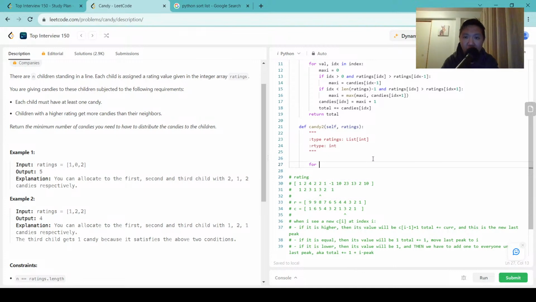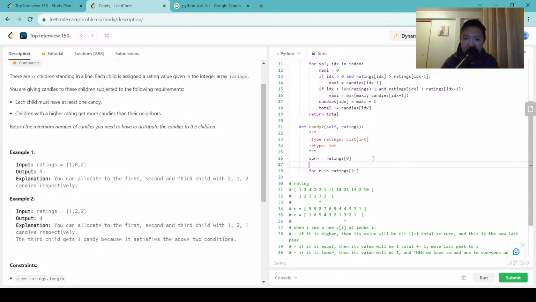So for r in ratings, current equals rating 0, peak equals minus 1. So there's no last peak yet.